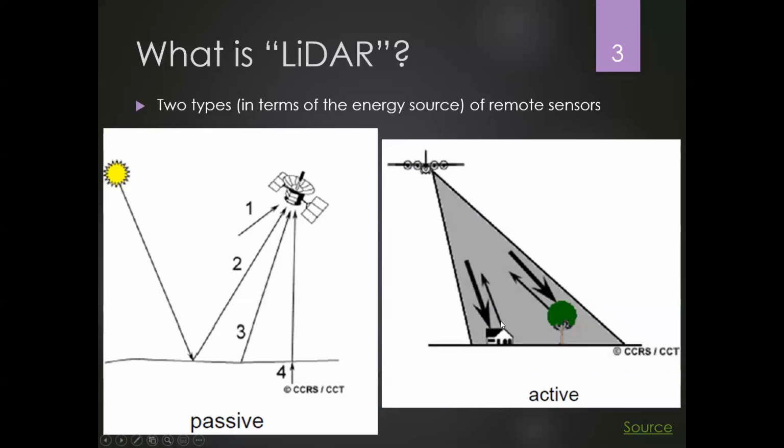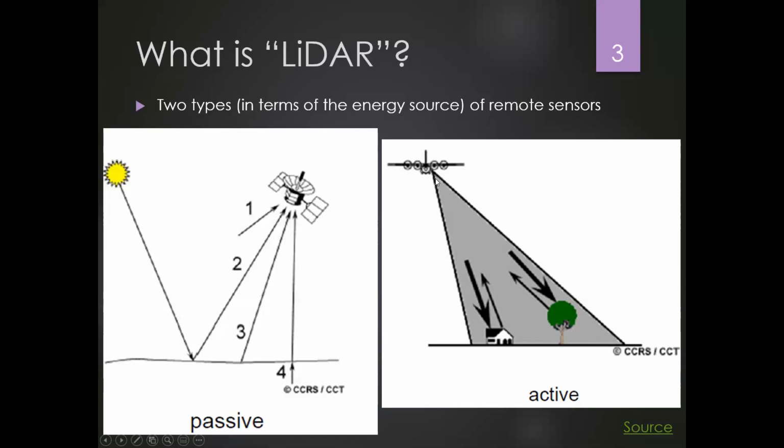When this EMR is reflected by objects on the surface of the Earth, for example, this house or a tree, the reflected energy will have the information about this house, about this tree, and it will be collected by the sensor.